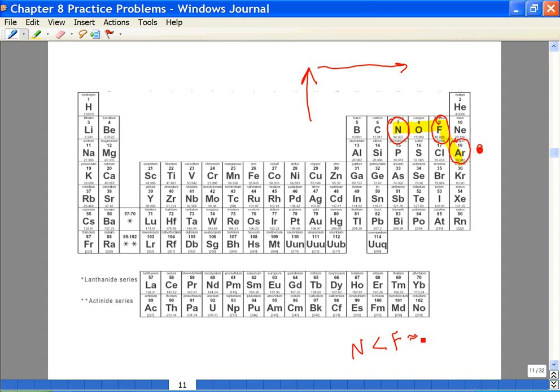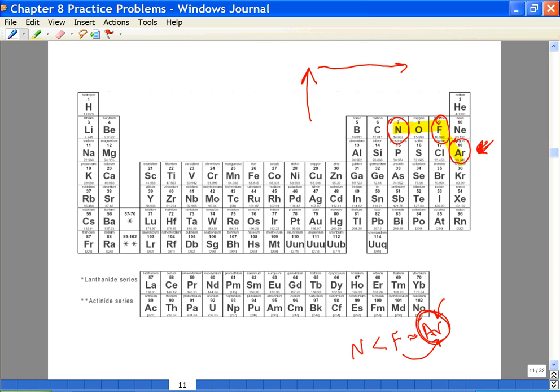And fluorine, you can't really distinguish based on its position in the periodic table between fluorine and argon. They're about the same. But based on what we know about noble gases and their incredibly stable electron configuration, we could probably safely assume that because this outer shell is completely full, it does not want to be disturbed, this would be the highest energy requirement to remove an electron.